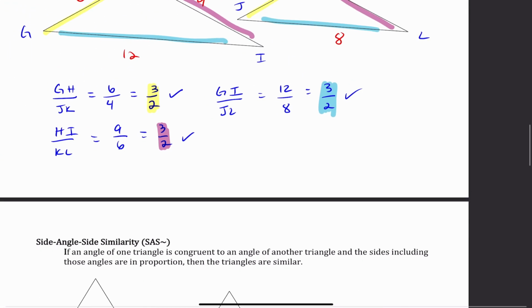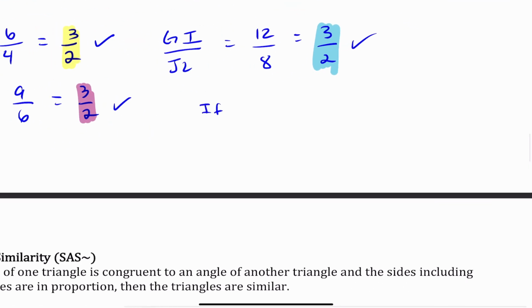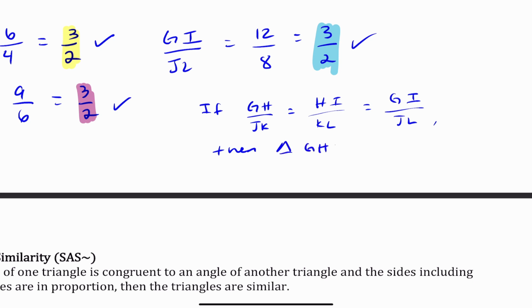So let's write this down. If GH over JK is equal to HI over KL, which is equal to GI over JL, then triangle GHI is similar to triangle JKL by the side-side-side similarity theorem.